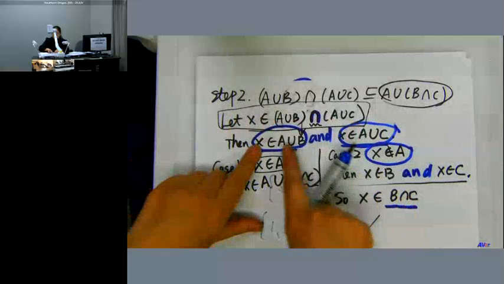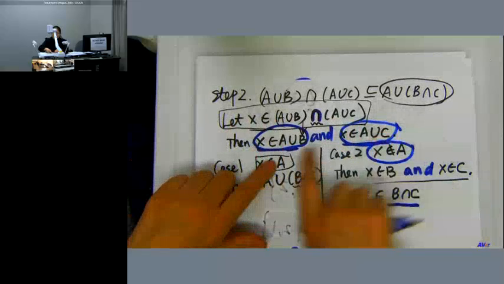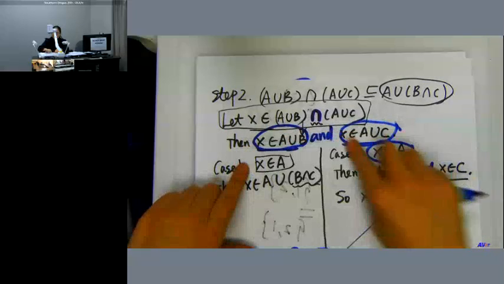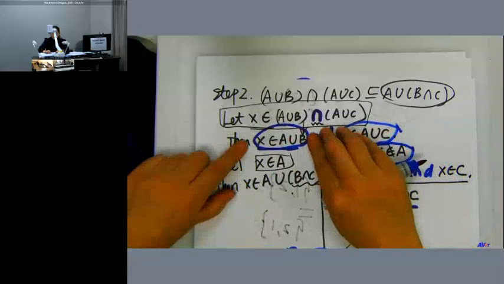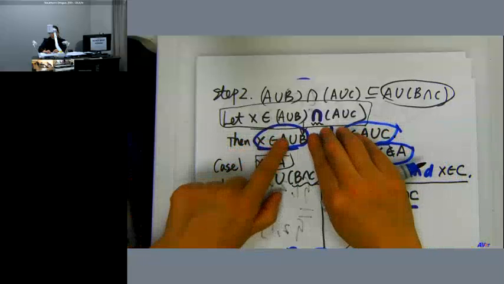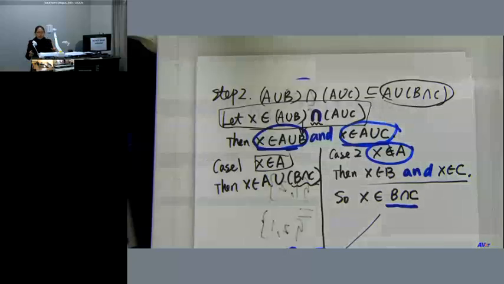I cannot guarantee X is in A, because the two conclusions I circled only tell me X is in A or X is in B. When someone tells you, I may come today or tomorrow, can you guarantee this person will come today? No, right? Or means one of those possibilities.